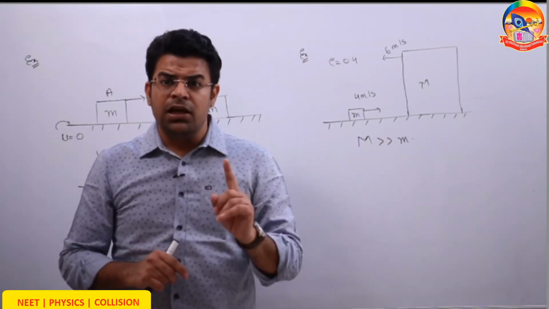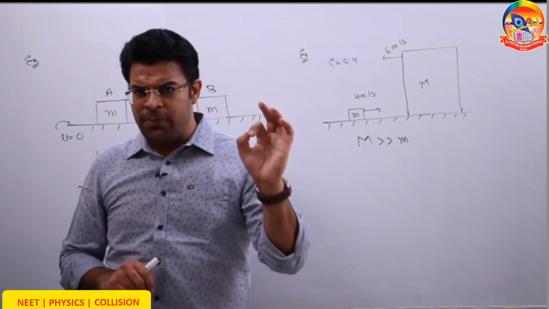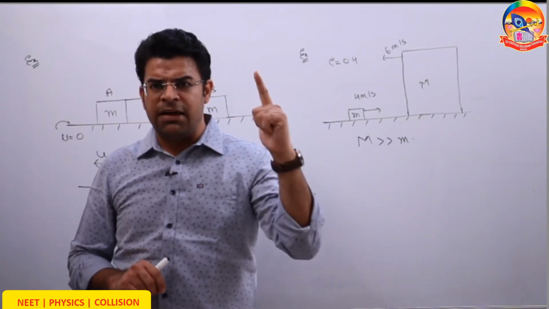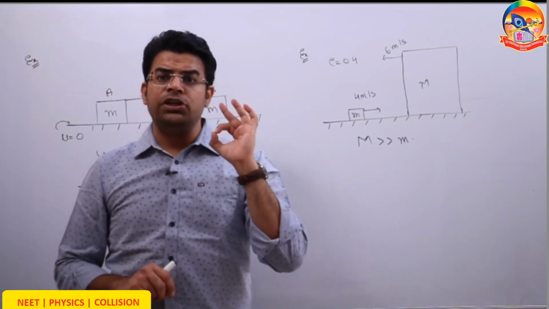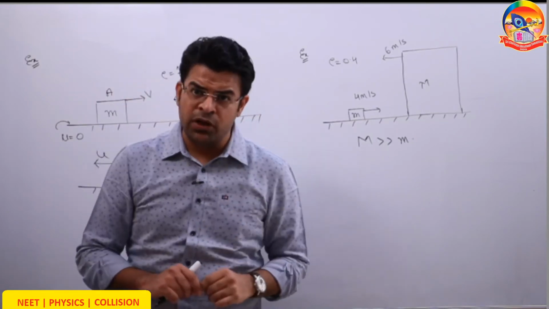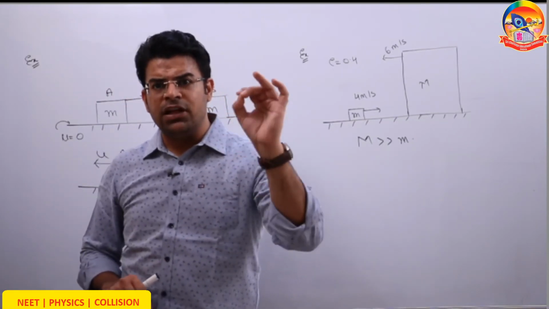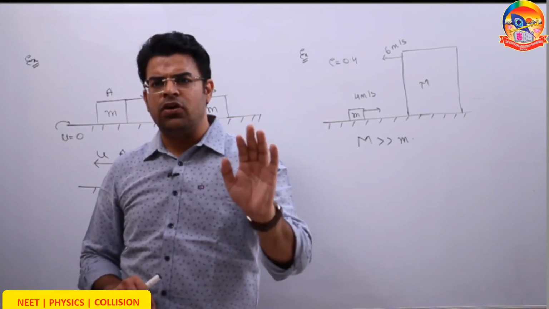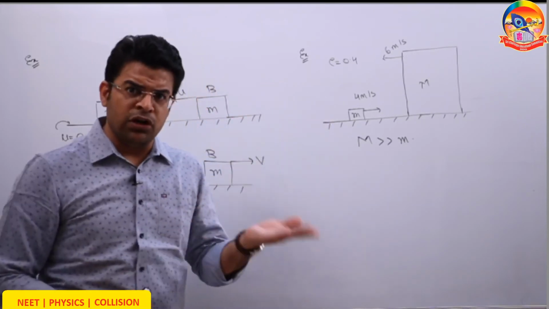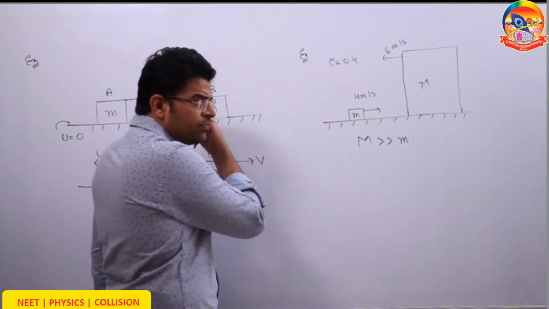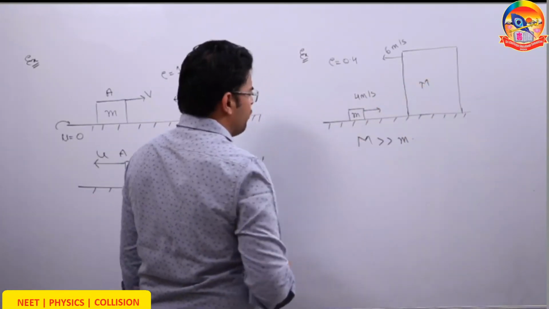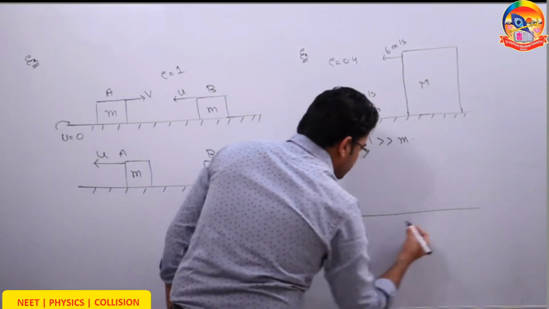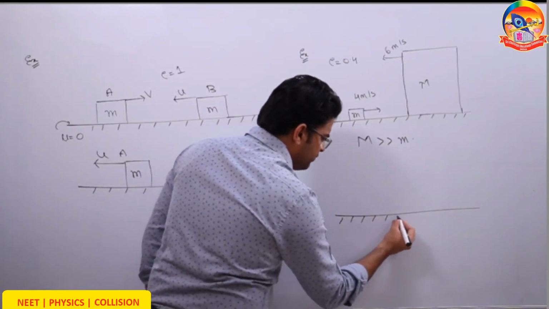So the basic concept to remember when a very light mass collides with a very heavy mass is that there is no appreciable change in the velocity of the heavy mass. The velocity of the heavy mass after the collision is about the same as before the collision. Now the question is, what is the velocity of both the blocks after the collision? In these types of questions, beta, don't do momentum conservation.